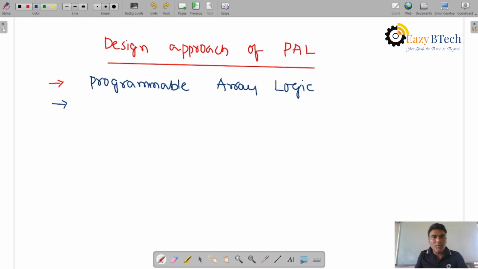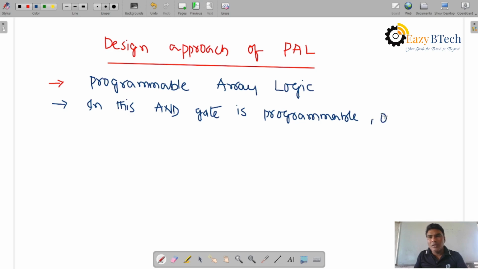The OR gate is fixed, and it is external. Fixed and external.